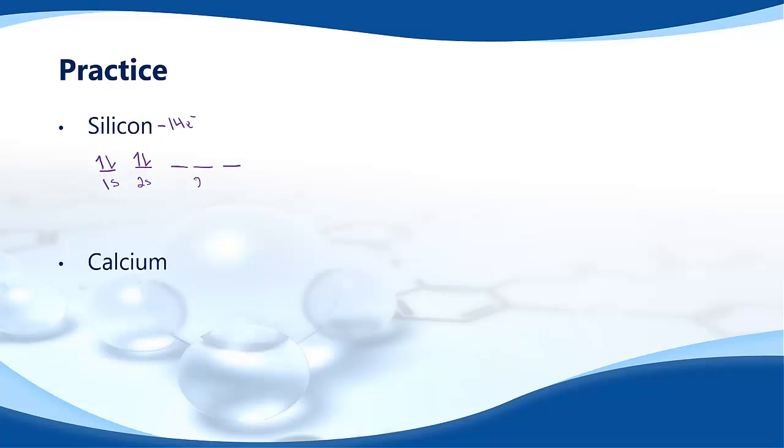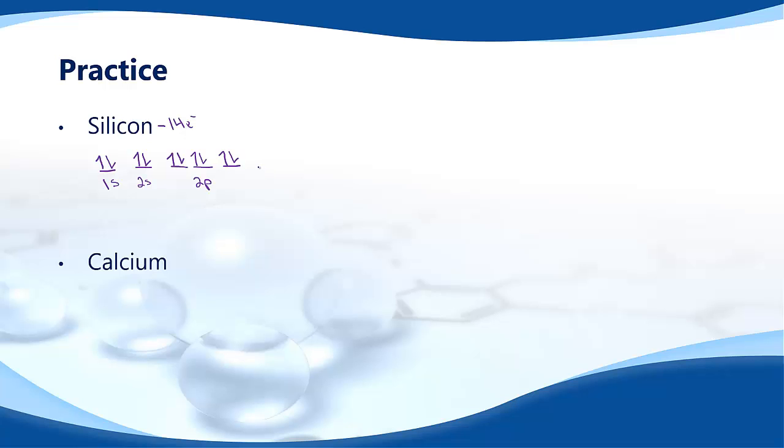I'm going to label these as 2p. Electron number 5 goes here. Number 6 goes into the next orbital because of Hund's rule. Number 7 into the last orbital. Now that everybody has 1, I come back and pair them up. So this would be 8, 9, 10. 2p is filled.